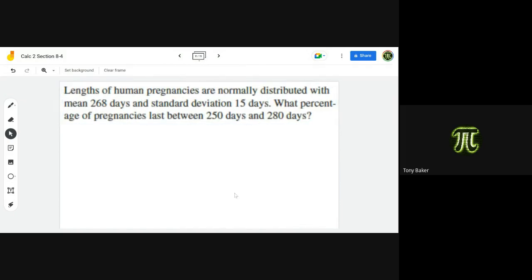All right. Set up my integral for this one. The integral is going to be the same integral. You're just plugging the different numbers into it.